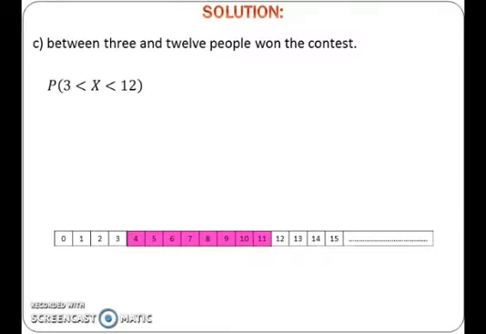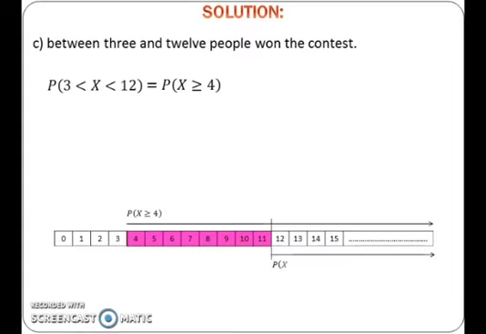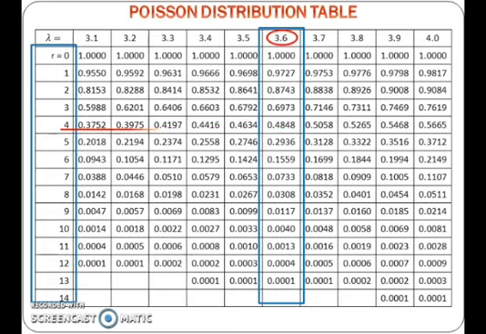To get the part that we want, take all this part, which is probability of x greater than or equal to 4, and cut off this part, which is probability of x greater than or equal to 12. Read probability of x greater than or equal to 4 and probability of x greater than or equal to 12 from the table and calculate the probability.